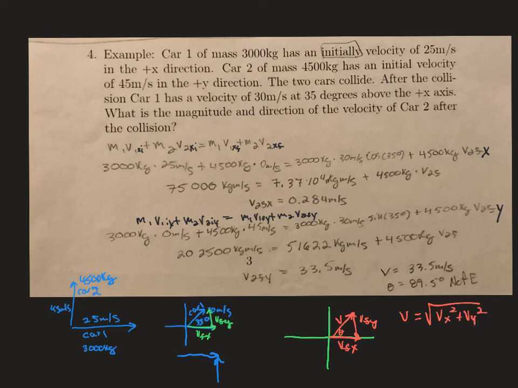So that is how I got 33.5 meters per second. And that theta, we're going to use inverse tangent of vy over vx. So we took the inverse tangent of 33.5 divided by 0.284, and that gave us 89.5 degrees north of east. So essentially it's almost traveling directly in the positive y direction.